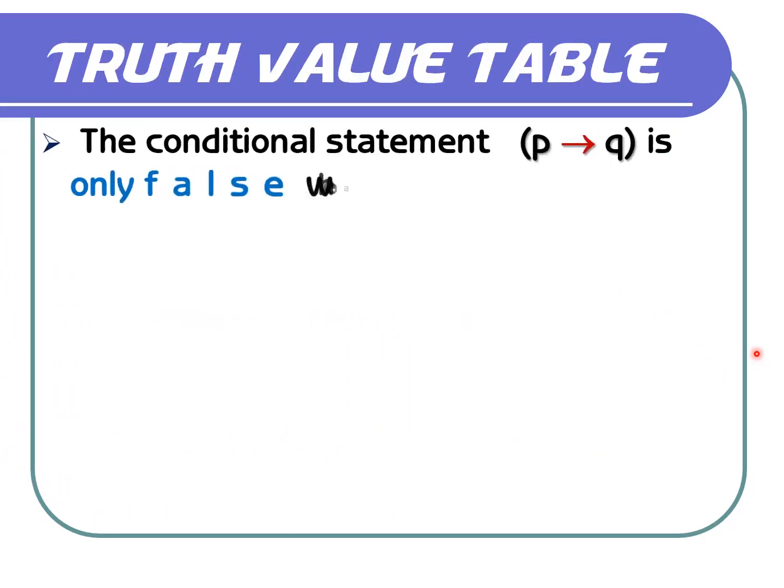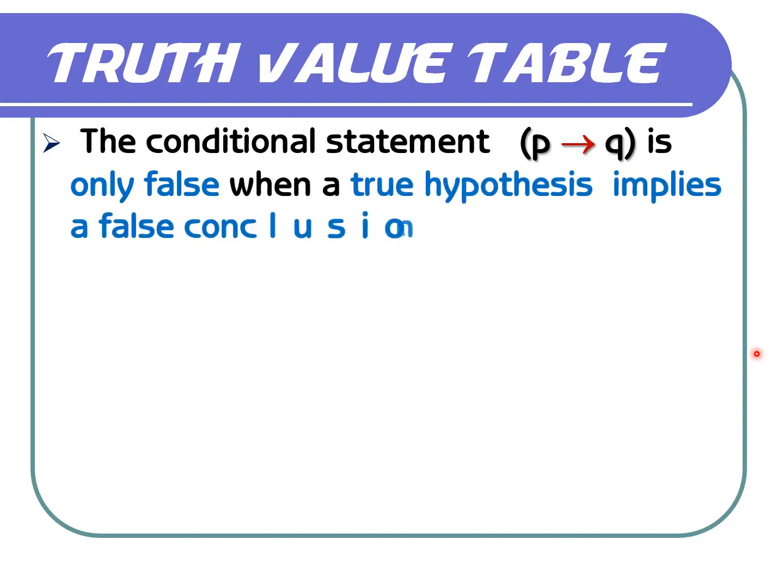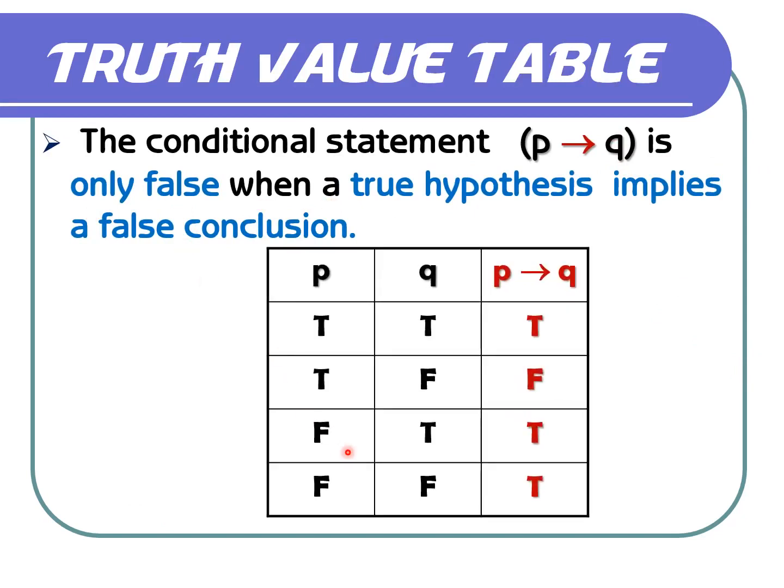Now, for the truth table of the conditional statement if and then, it is only false when a true hypothesis implies a false conclusion. So in the table, if your first statement, which is your hypothesis, is true, and your second statement, which is your conclusion, is false, then the conditional statement is also false.